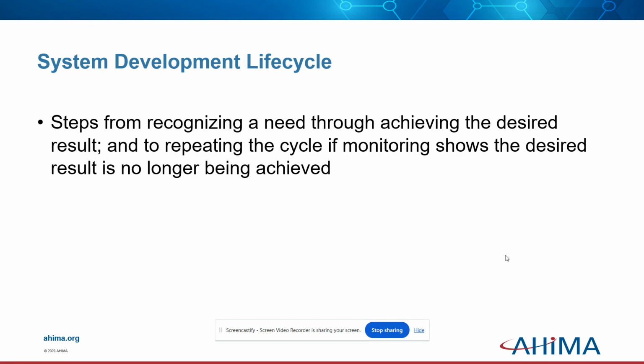And so the SDLC ultimately are steps recognizing a need that we need to move through in order to achieve a desired result. We repeat the cycle if monitoring shows that the desired result is no longer being achieved. And so while we may think of it as a start to end process, there really is no end. We circle back.